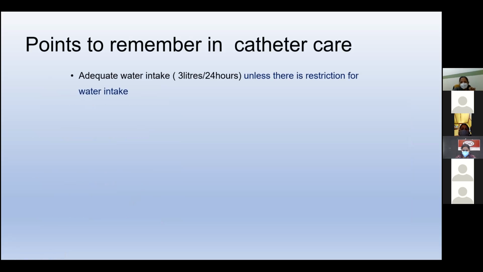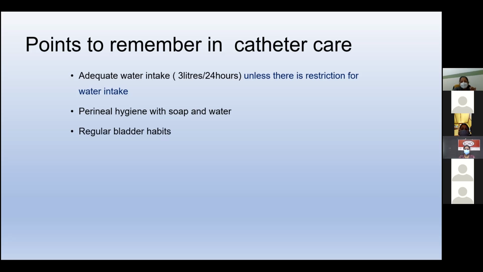The patient should always take a good amount of water, okay, unless there is a restriction of water intake. Okay, whenever there is a catheter in place, never forget to have good perineal care. If the patient is able to do it, then they can do it with gentle soap and water. Okay?